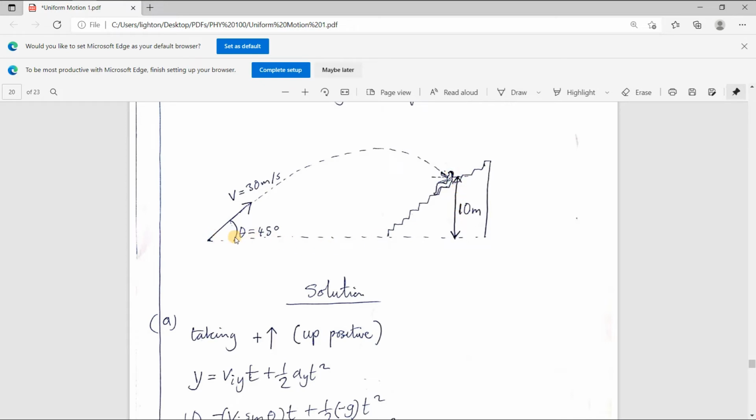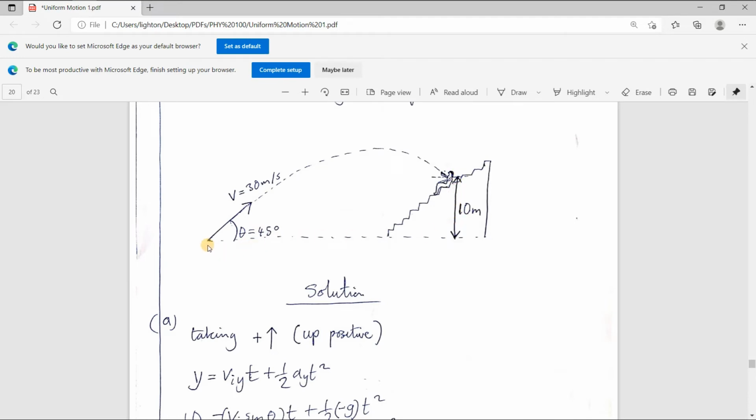If we were given the horizontal range, we would have used it to find the time, but now we only have the vertical component. So we use the vertical component of displacement to find the time.